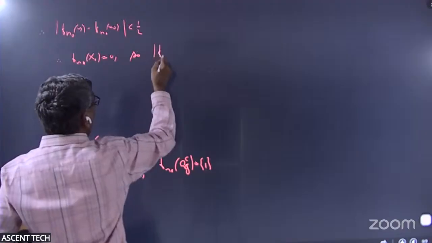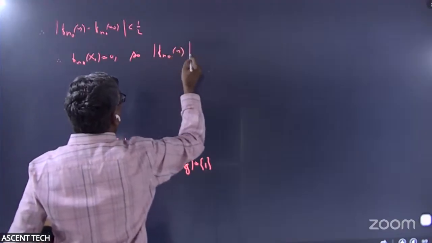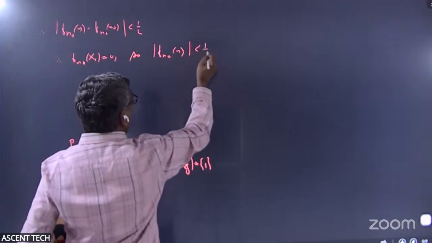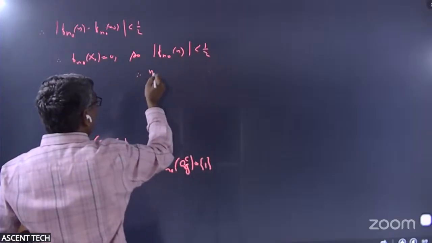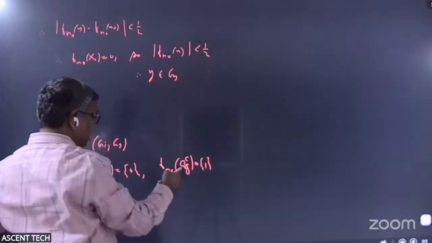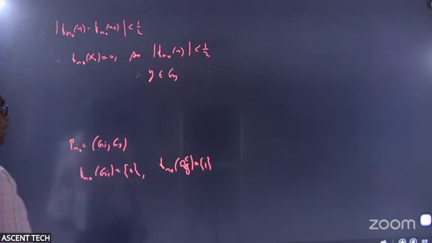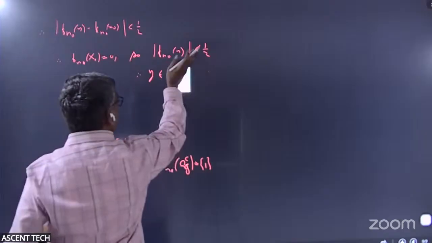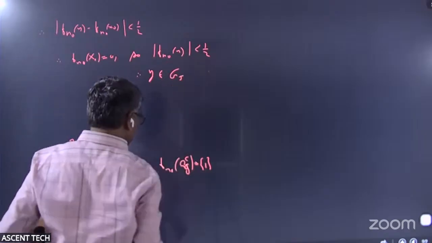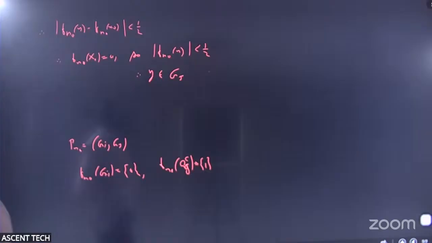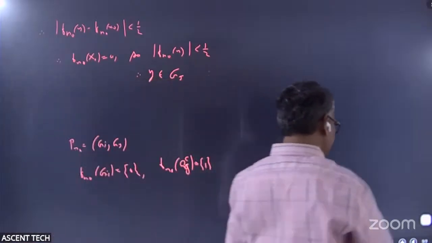So mod f_n0(y) is less than half. Therefore, y is in G_J, because y cannot be in G_J complement. It has to go to 1. It has gone only to a quantity less than that. So y is in G_J. Isn't that what I was trying to tell you? That's what we were promising.